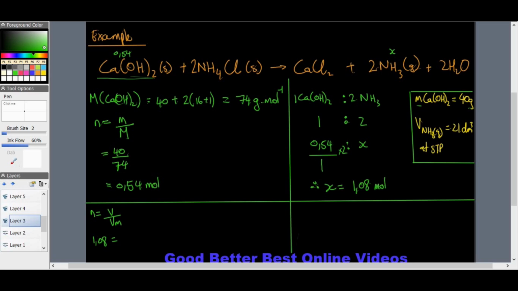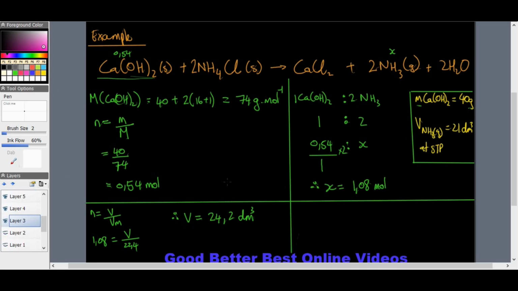So what we're actually calculating is what we should have gotten theoretically. So with 22.4, therefore, the volume that we should have gotten with this mole ratio of ammonia should have been about 24.2 decimeters cubed. So the volume of ammonia gas which theoretically should have been produced was 24.2 decimeters cubed.